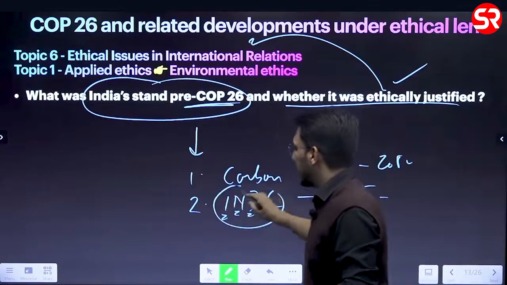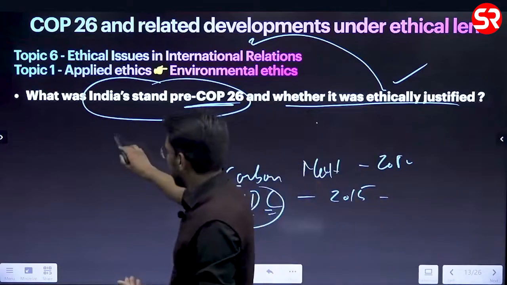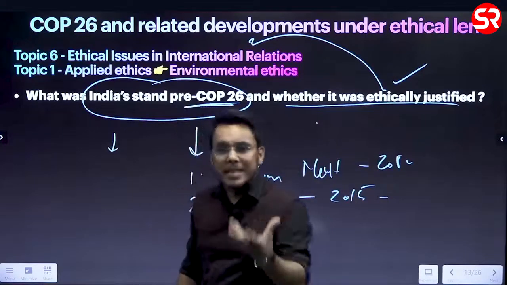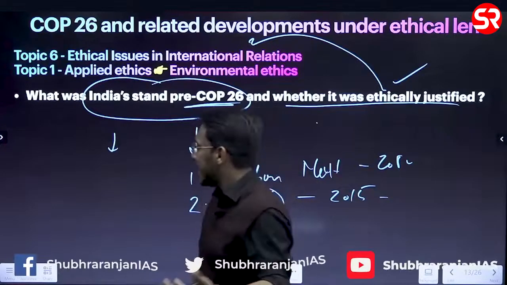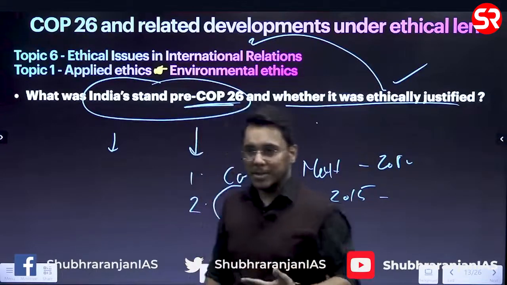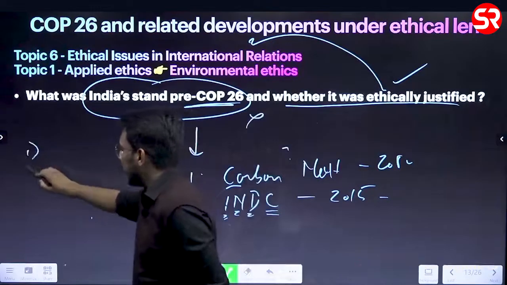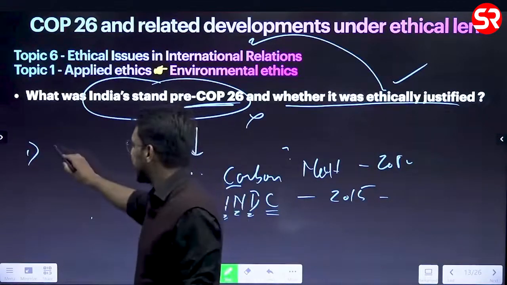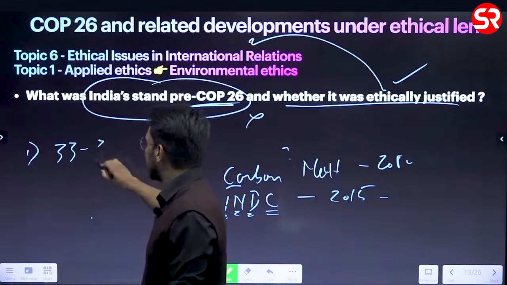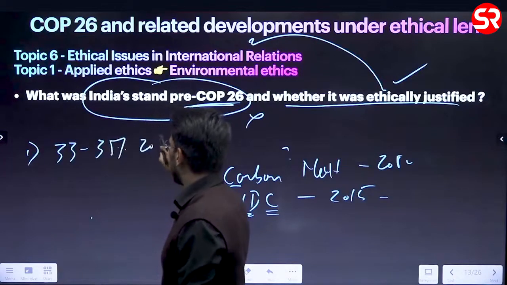INDC targets were targets taken by countries themselves on what they would do to fight climate change. India also took INDC targets. For example, number one, India will reduce carbon emission intensity by 33 to 35% by 2030.